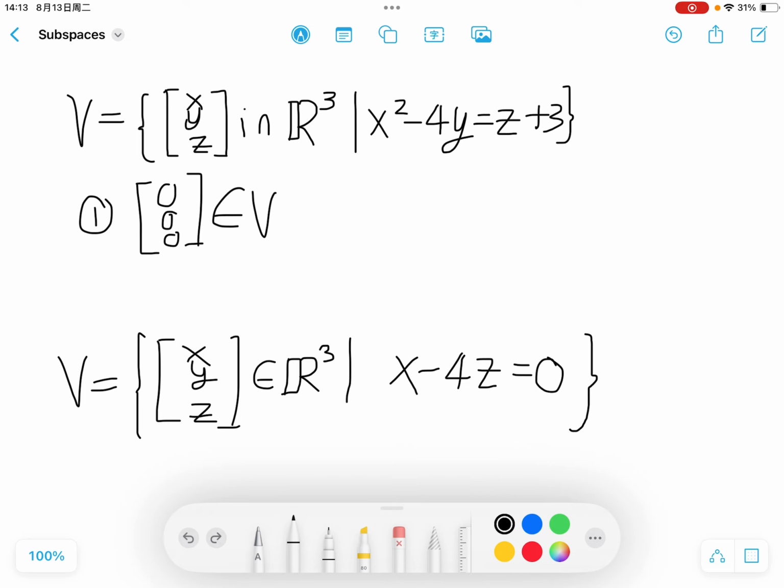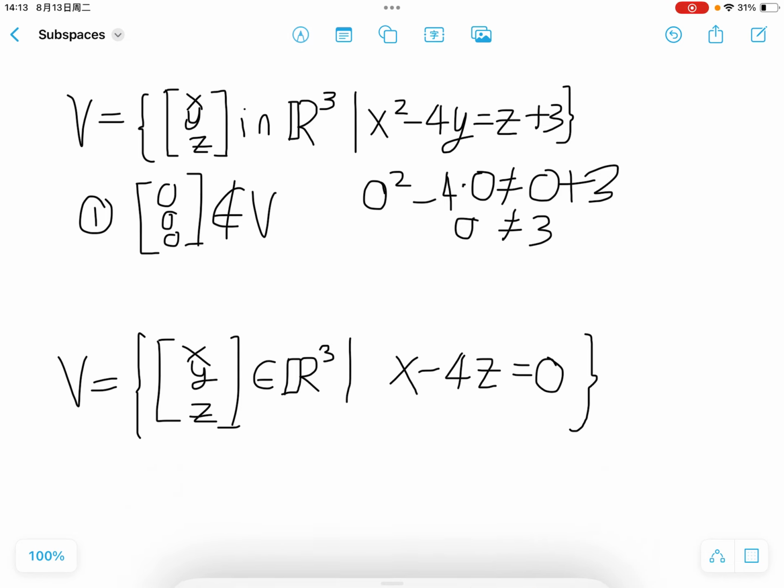Apparently it doesn't, because we have 0 squared minus 4 times 0 equals 0 plus 3, but that's not true because this side is going to be 0 and this side is going to be 3, so these two are not equal. Therefore 0, 0, 0 is not an element of subset V. So this subset V is not a subspace, because the very first condition is that we have to have a zero vector inside subset V.